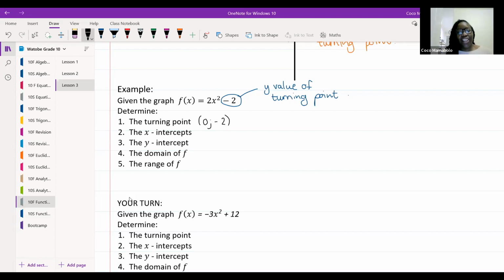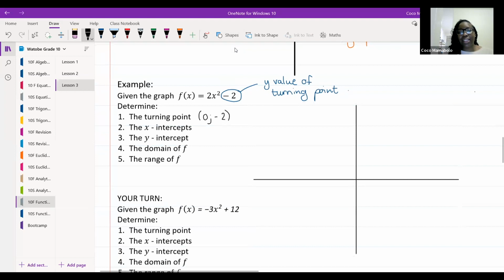All right, so this is the value that we're going to get for our turning point. If I had to draw this, what this is telling me is that my graph is going to stop here at 0 and -2, because it's a positive graph, a smiley face parabola.